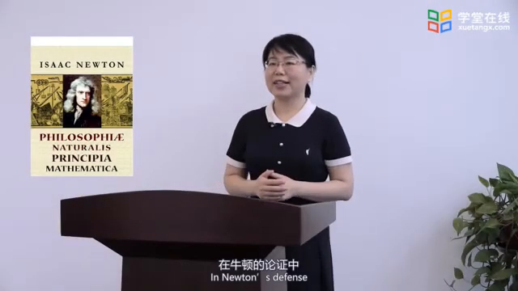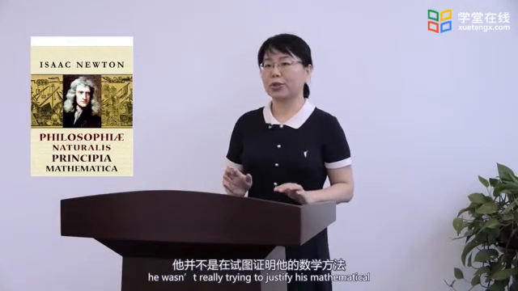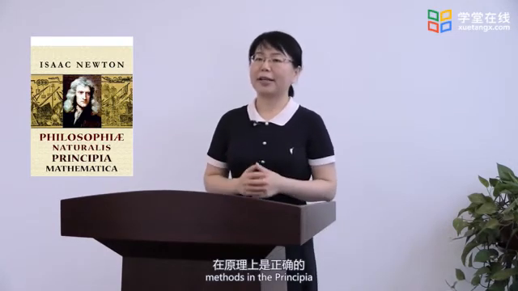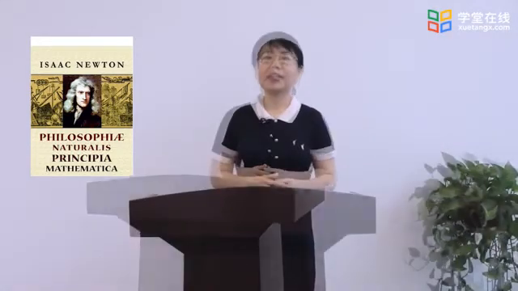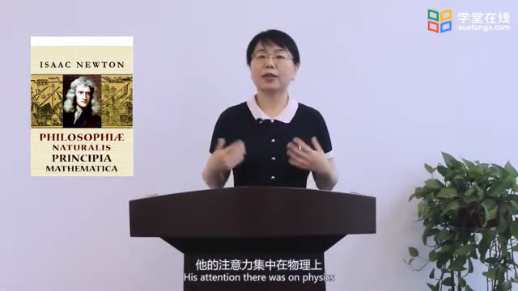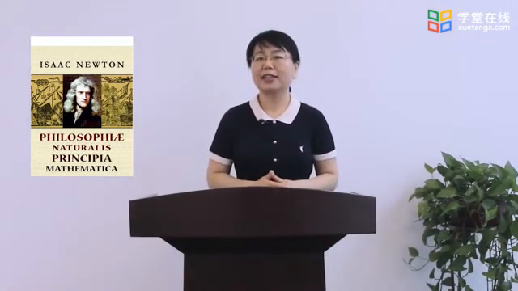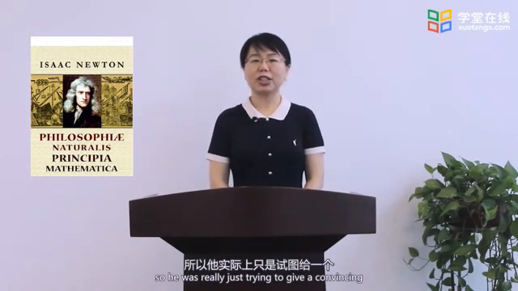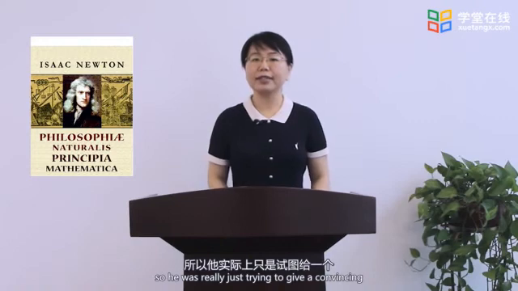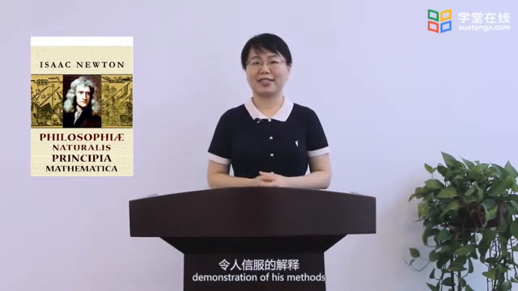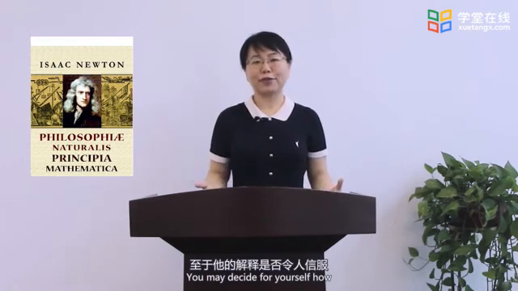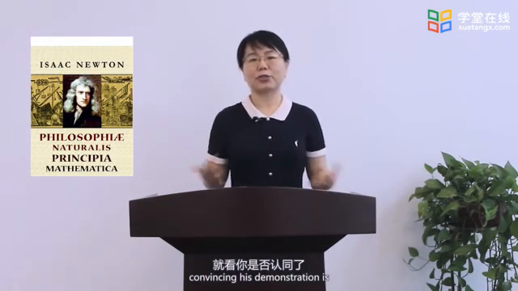In Newton's defense, he wasn't really trying to justify his mathematical method in the Principia. His attention there was on physics, not math. So he was really just trying to give a convincing demonstration of his methods. You may decide for yourself how convincing his demonstration is.